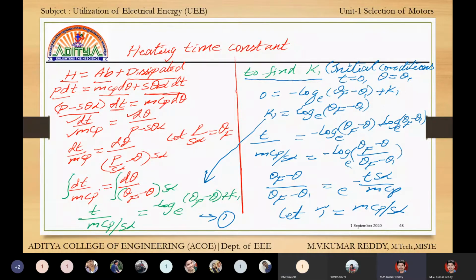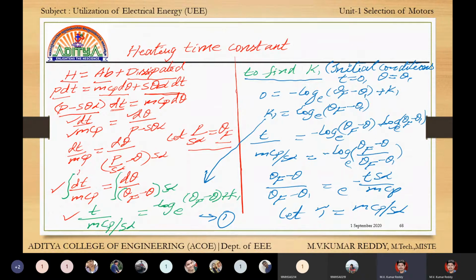Next, taking integration on both sides, let θf is equal to P by Sα. So P by Sα is equal to θf, which is the final temperature.